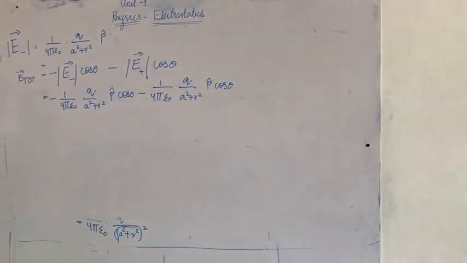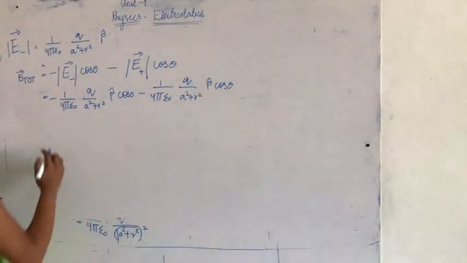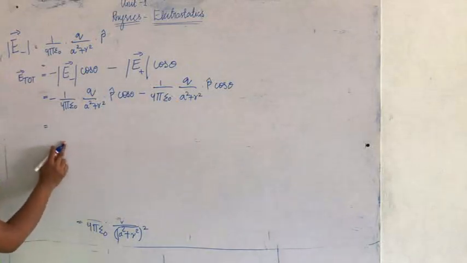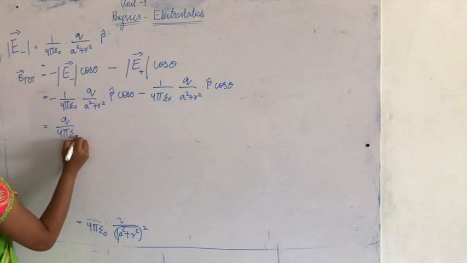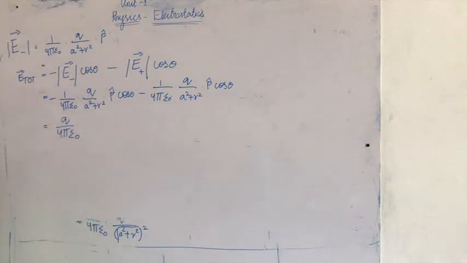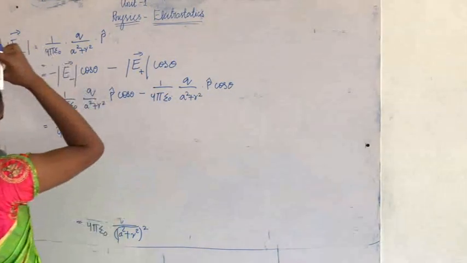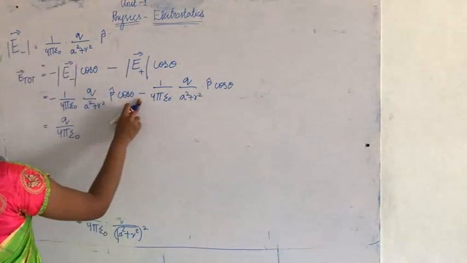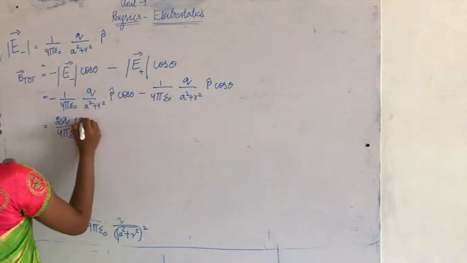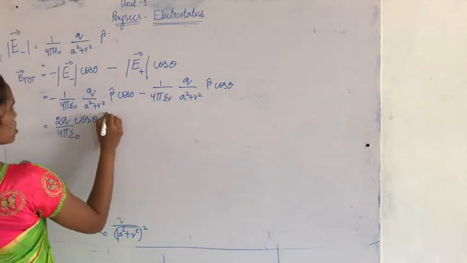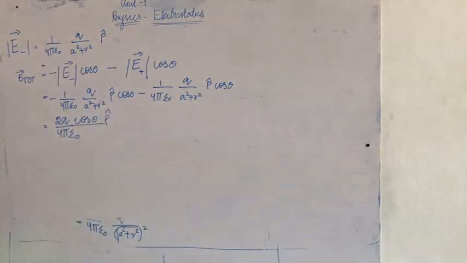Now take the common factor Q by 4 pi epsilon 0 outside. 2 cos theta. Here is the minus value, so you are going to add, 2q cos theta P cap.